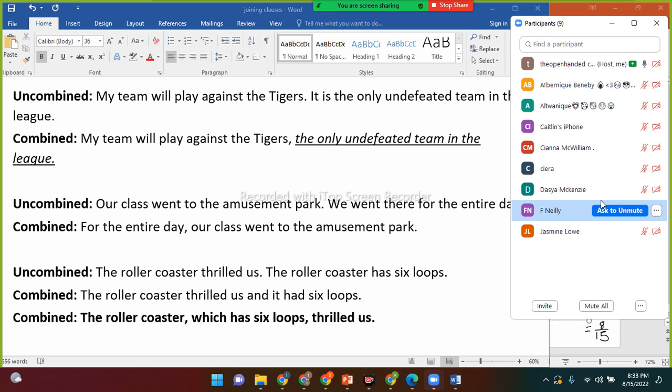What do I mean by lofty? Lofty. Tall. Yeah, that could work. Lofty also means high.